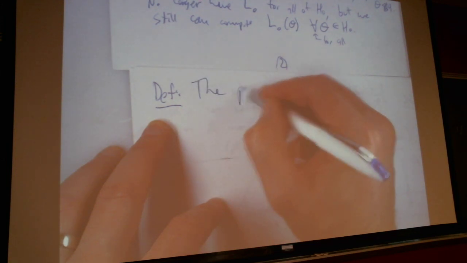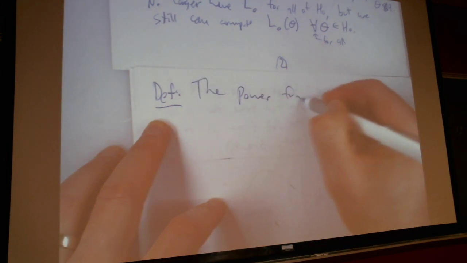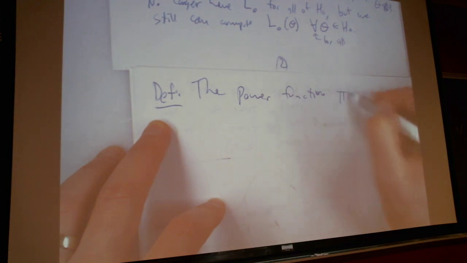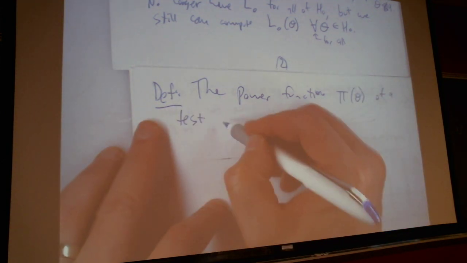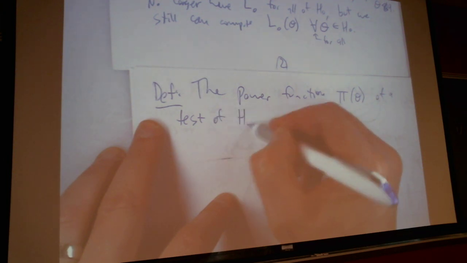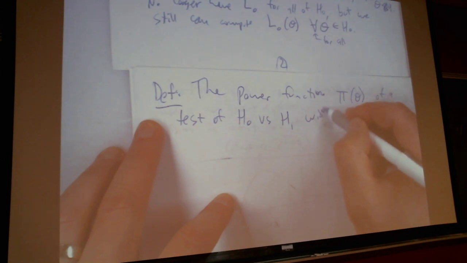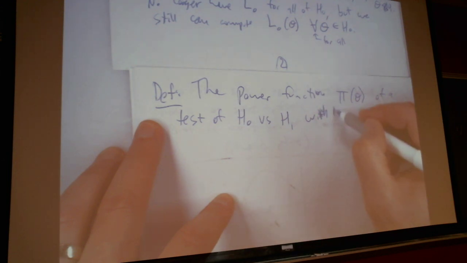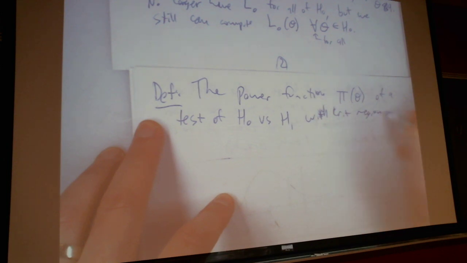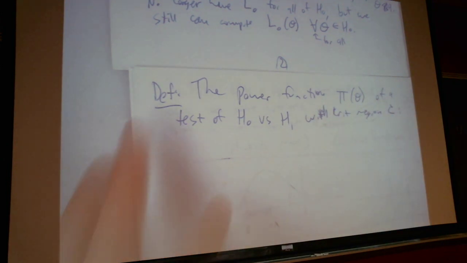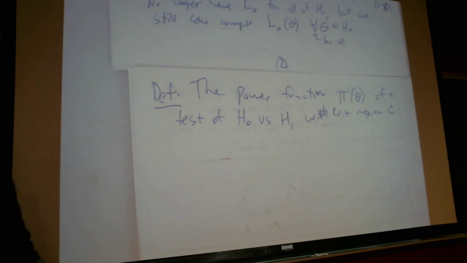The power function, usually written pi of theta, of a test of H0 versus H1 with critical region C, is the following.